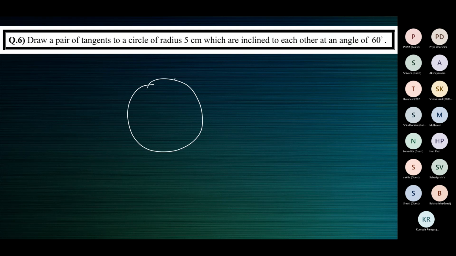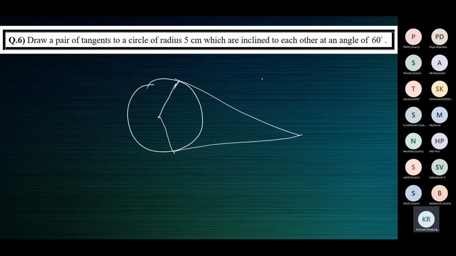Circle. For this construction, take up a rough diagram like this and fill in the details given in this figure.